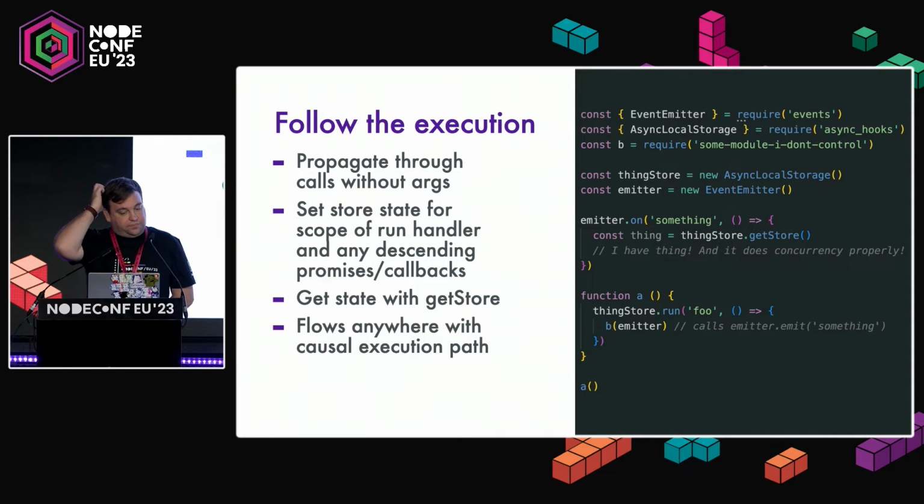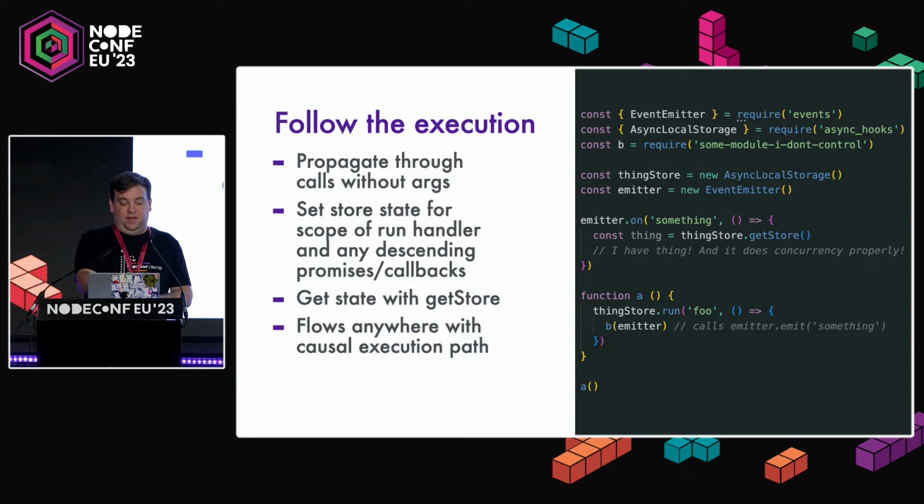So you construct an async local storage instance, and then you call store.run, and you give it some value, and that value will be accessible anywhere that is logically descending from that execution. So the function given to run works as a scope to say anything that happens within this scope should attribute to this, and then you can get the store at some point in the future.